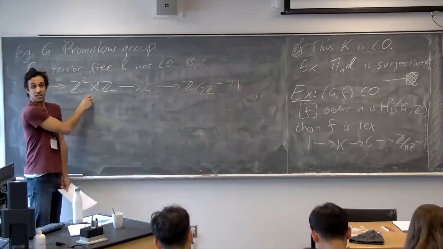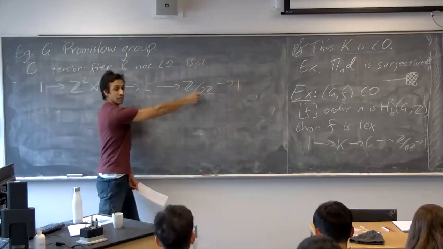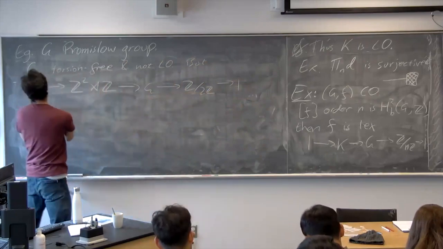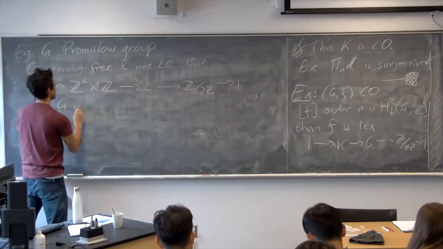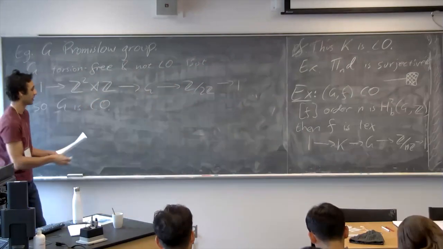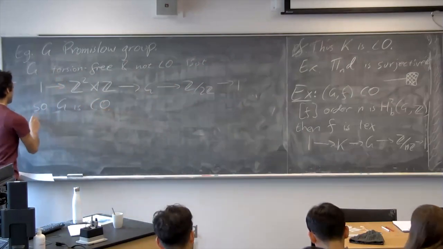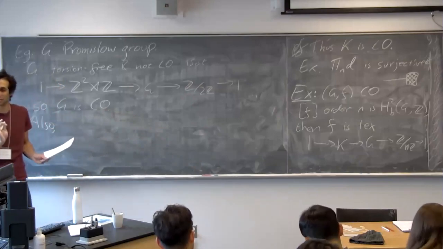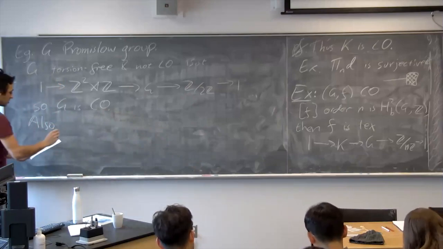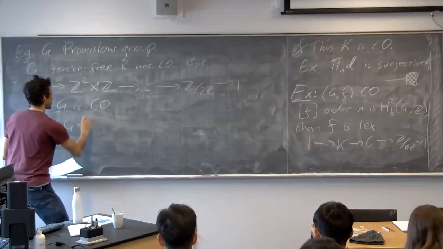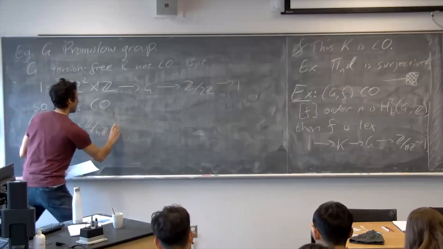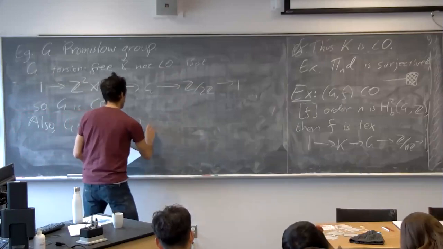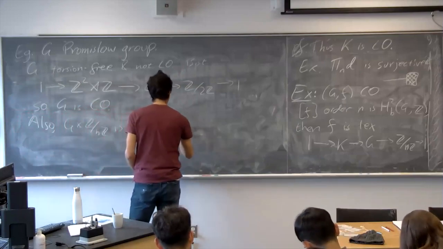This is LO, this is CO, this is CO. So G is circularly orderable. And also, I'm not going to prove any of these facts. I just want to show you that there's examples of things that are not obvious. Also, G cross Z mod NZ is CO if and only if 4 does not divide N.